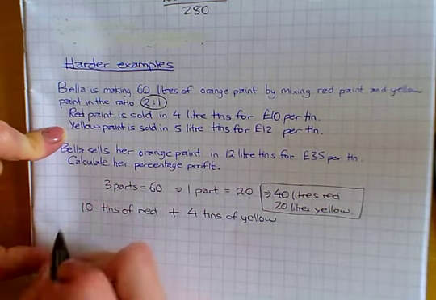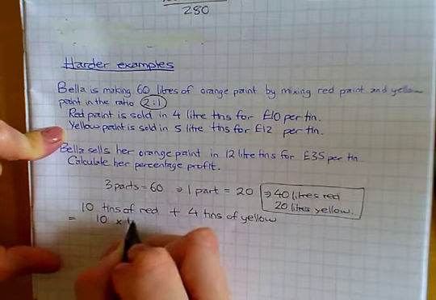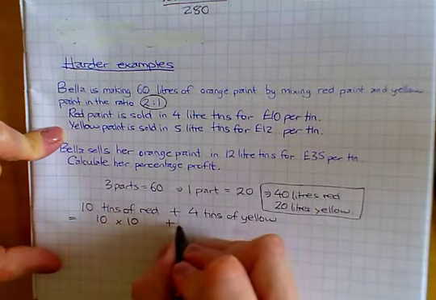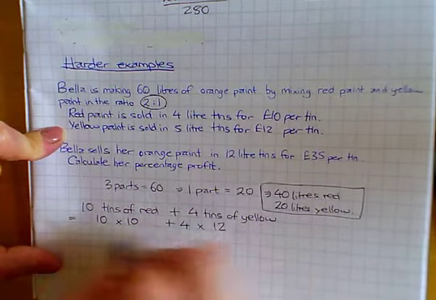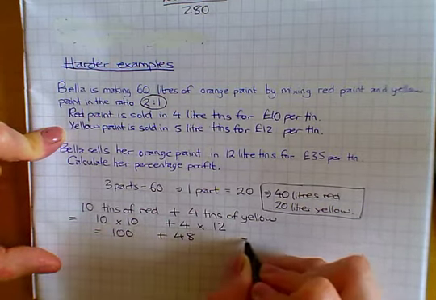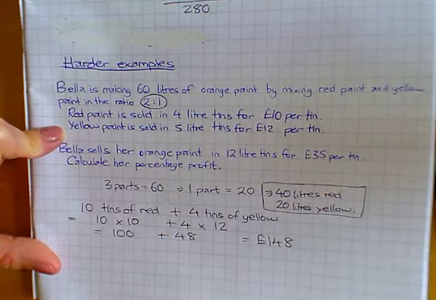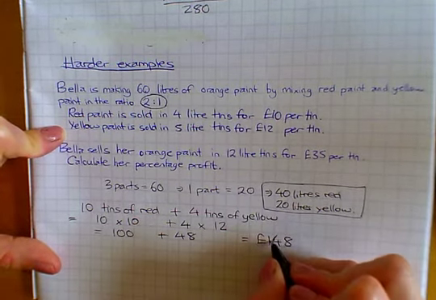So in total, her cost is going to be 10 times £10 plus 4 times £12, which is 100 plus 48. So she spends £148 on the paint that she's going to use to make orange paint.